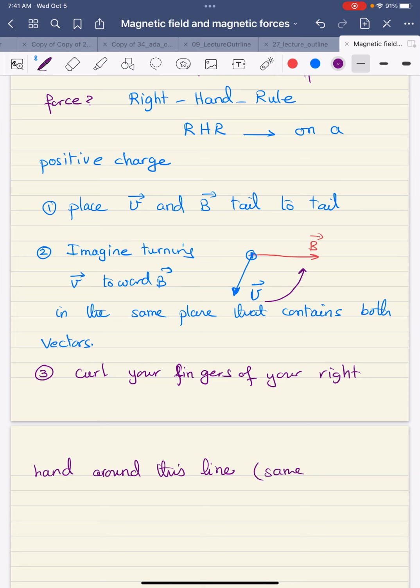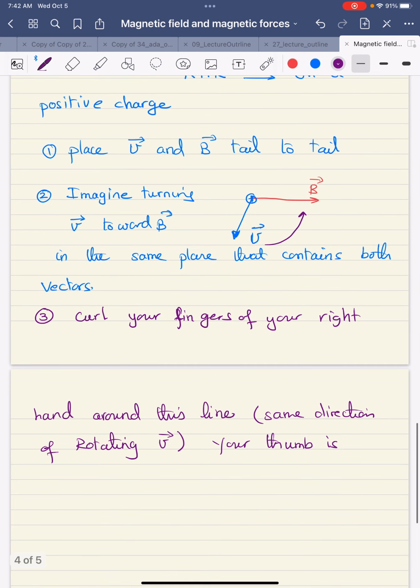The same direction of rotating V, and then your thumb is going to point in the direction of F, the force.